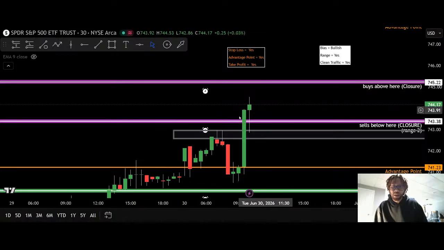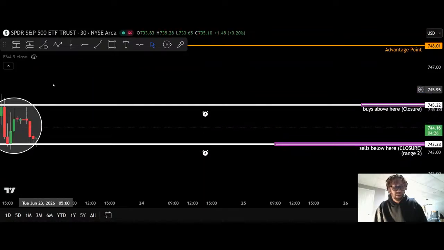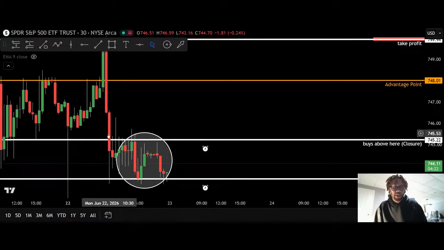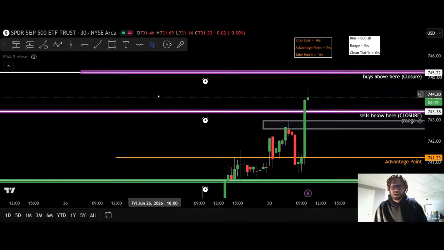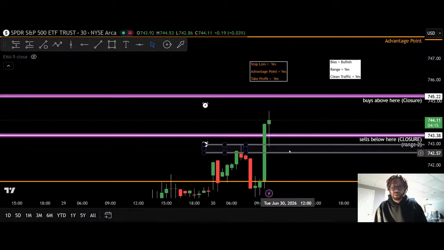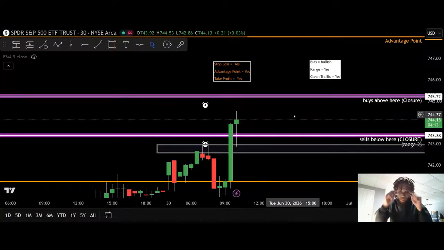Price shot to a specific range for a reason. I have a clean range up here, I have a clean range down here, so I'll just be patient.